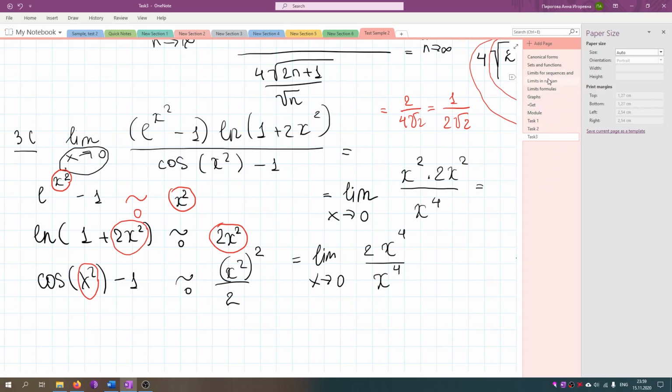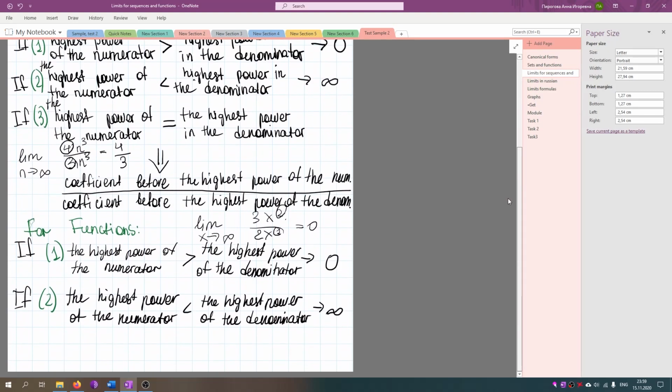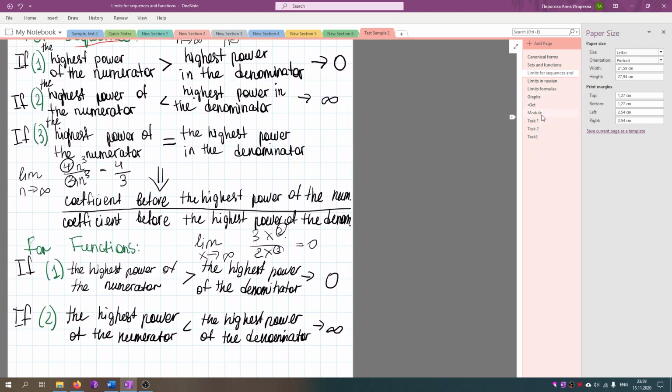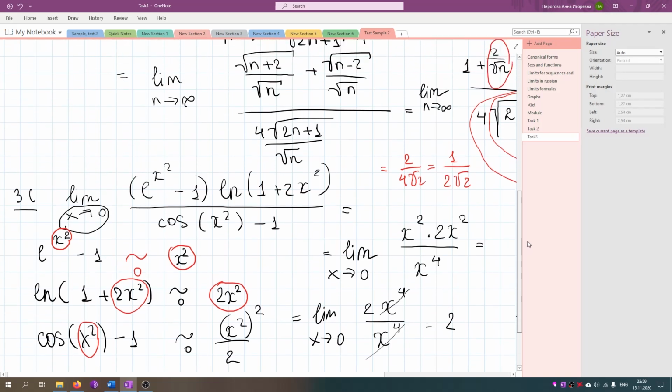I think we'll use another logic here. So we just simplify it and get the final answer will be 2.